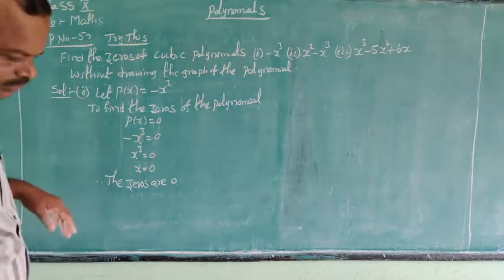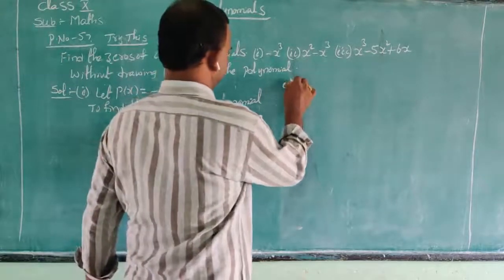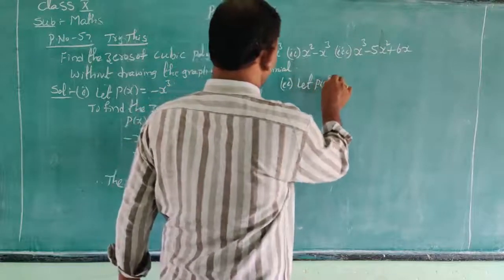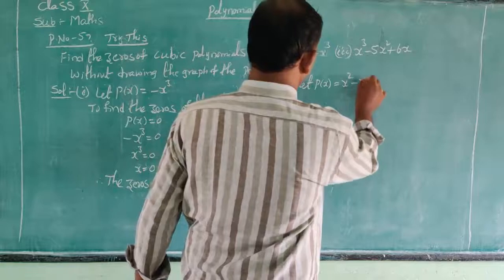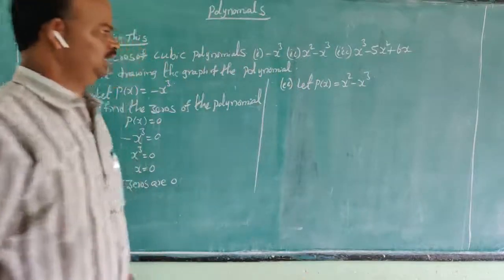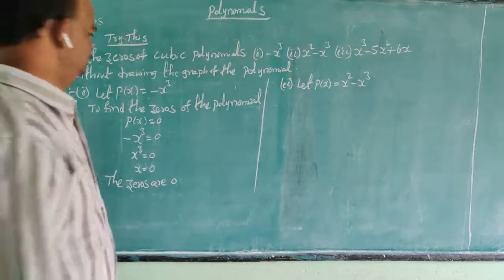And the second one is p of x is equal to x square minus x cube. Let p of x be x square minus x cube.